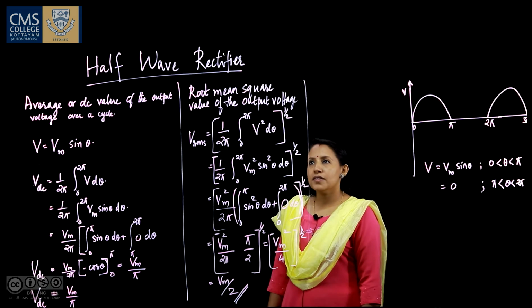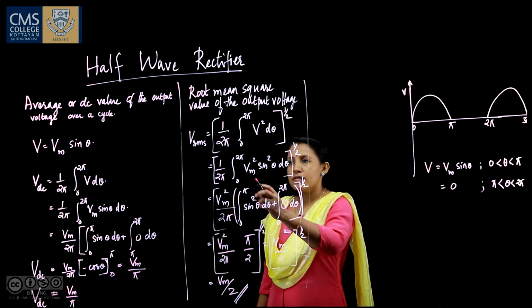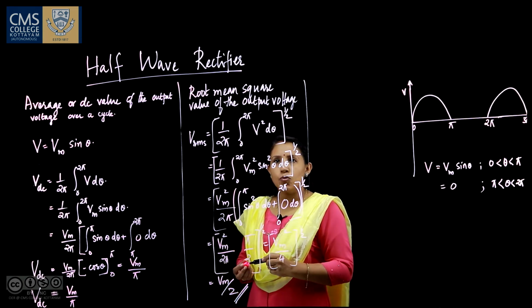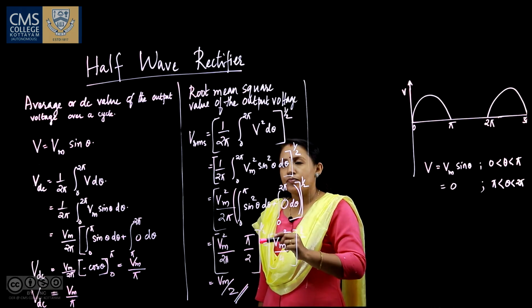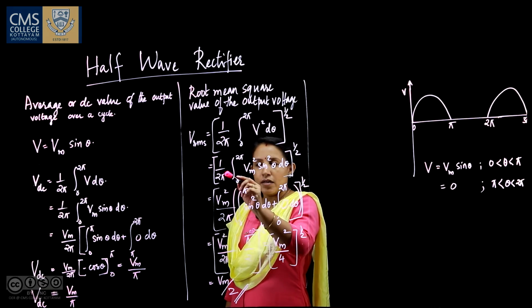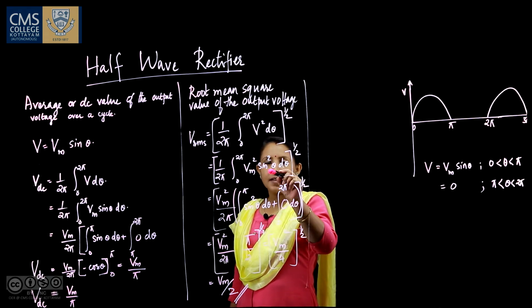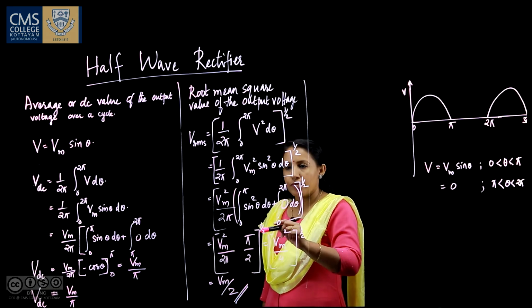The second parameter is the root mean square value of the output voltage. Vrms is equal to 1 by 2 pi into integral 0 to 2 pi V square d theta, the whole raised to half. Substitute the value of V as Vm sin theta, so it becomes Vm square sin square theta d theta, whole raised to half.